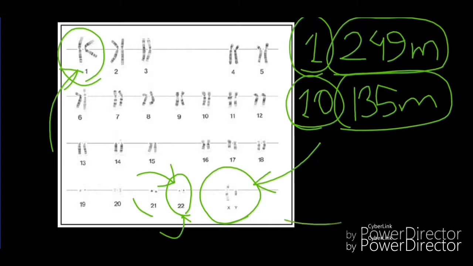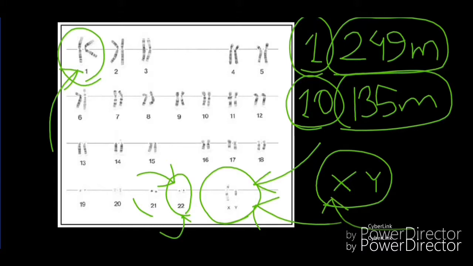But the last chromosome you see here is very special, because this is called the sex chromosome, which will define your gender. There are 2 kinds of sex chromosome. The first is called X, and the second is called Y. Females have 2 copies of the X chromosome, and males have 1 copy of the X chromosome and 1 copy of the Y chromosome.